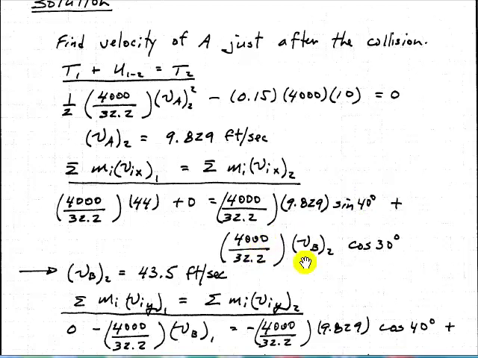And then car B does have some x direction momentum, which is the mass of car B times the velocity of car B right after the impact, times the cosine of 30 degrees, that's the angle with which it is leaving. This is in fact one equation, one unknown. So momentum in the x direction only, now that we know the momentum of car A right after the impact, allows us to solve for the momentum of car B right after the impact, which means we can solve for the velocity of car B right after the impact. So VB2 is 43.5 feet per second.